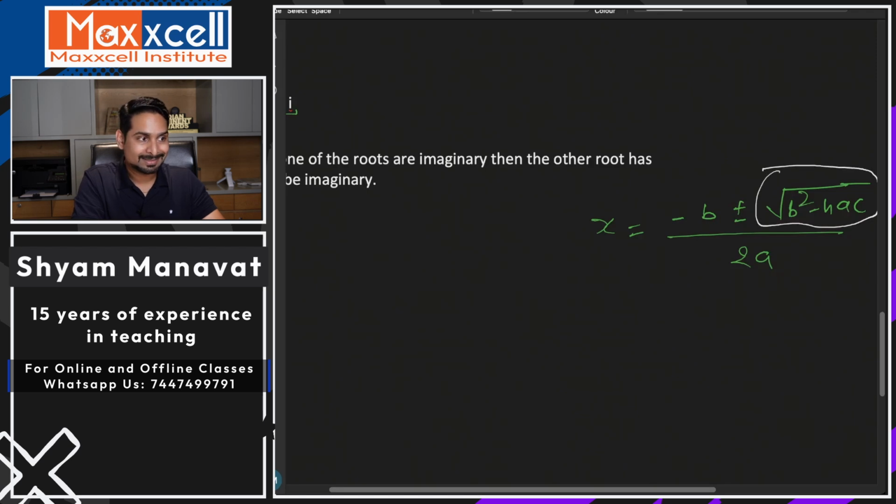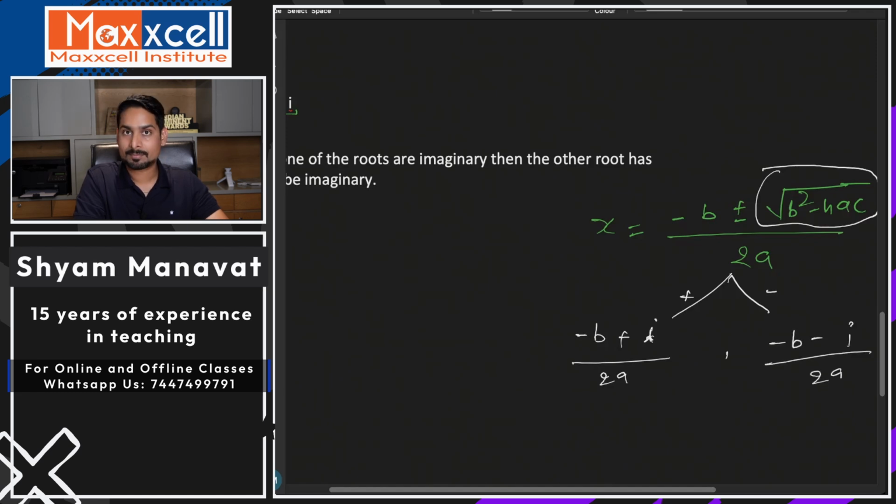To find these two roots, you use plus one time and minus the other time. So if this part is imaginary, the first root is going to be minus b plus some imaginary number by 2a, and the second one will be minus b minus some imaginary number by 2a.